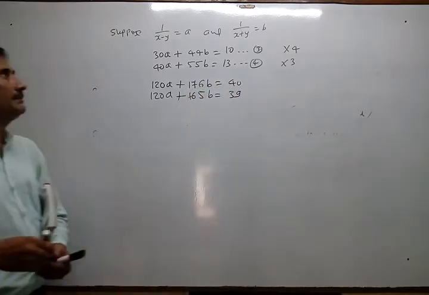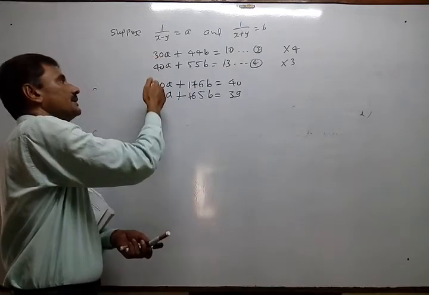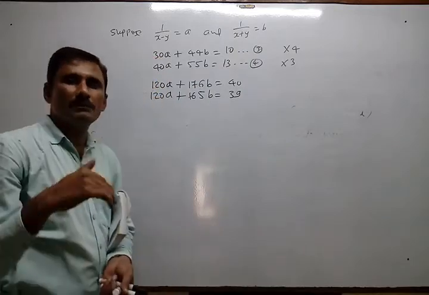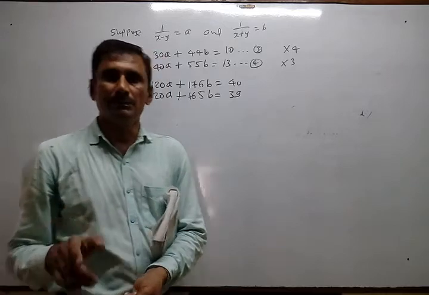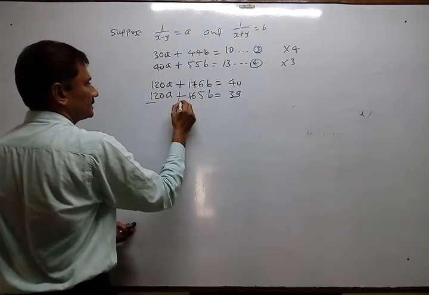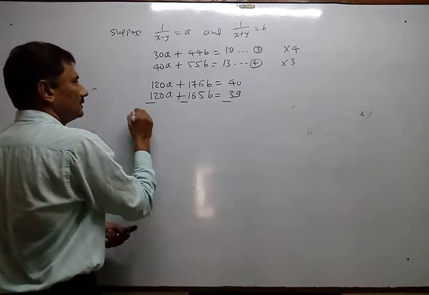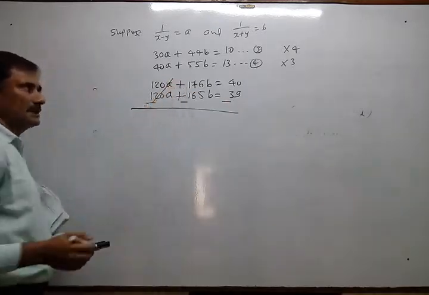So I just multiply both equations by an appropriate number so that I can get equal numbers here, preferably the LCM of both numbers. Now there is no opposite sign, so make a subtraction here. Okay, so 120A cancels out.